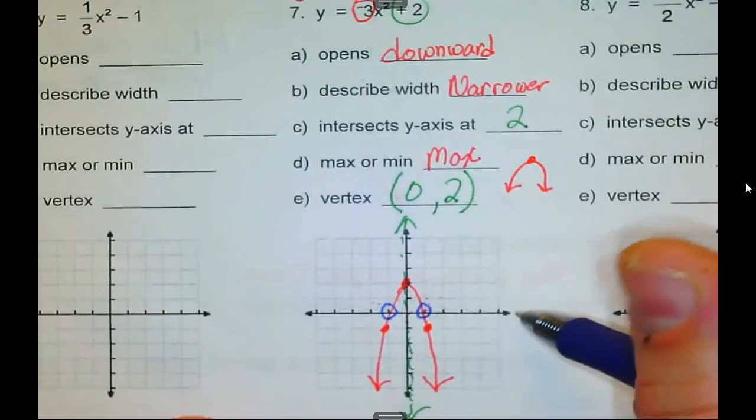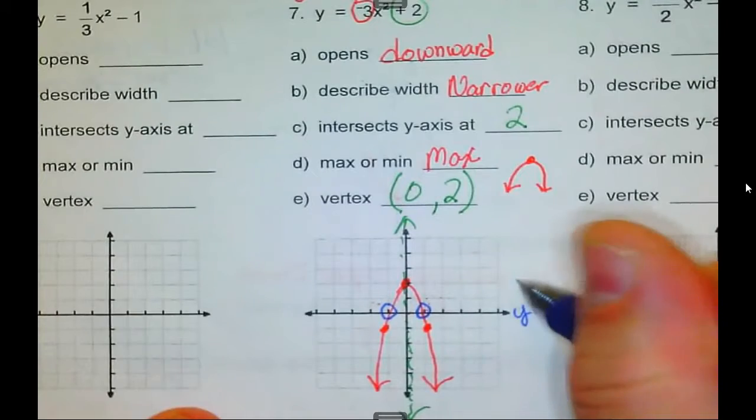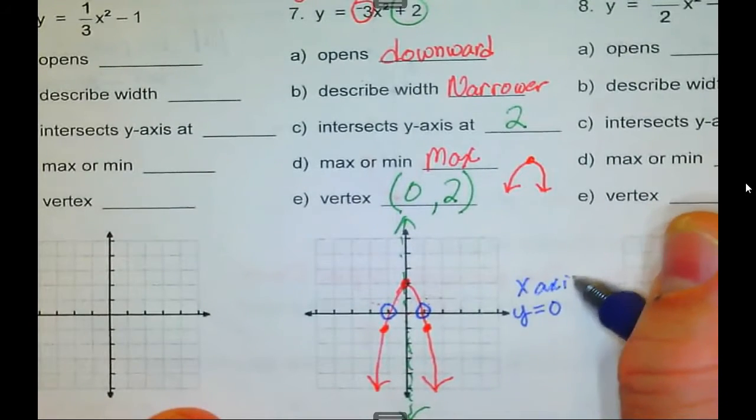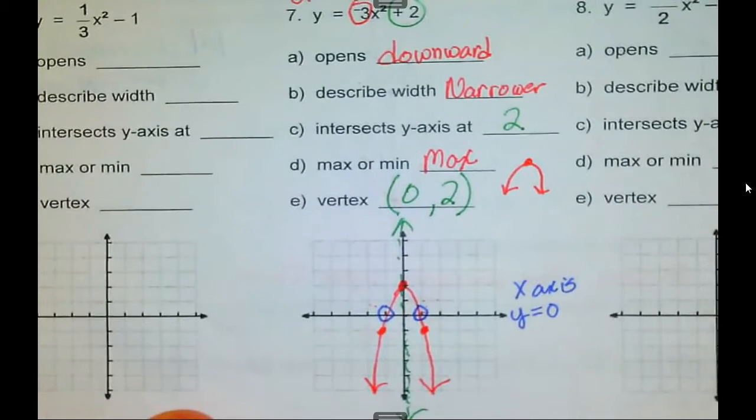Now that x-axis has a y value of 0, okay? My x-axis has a y value of 0. Those are the solutions, zeros, x-intercepts, slash roots of the equation.